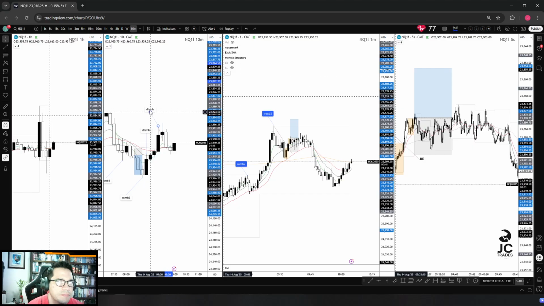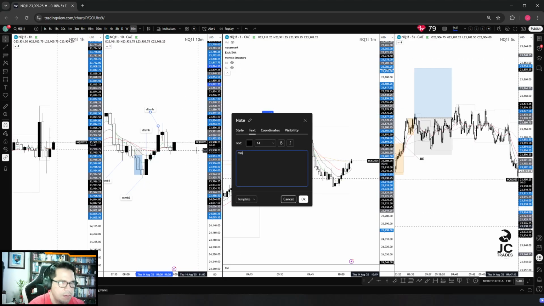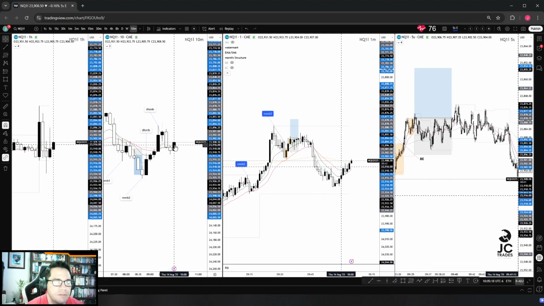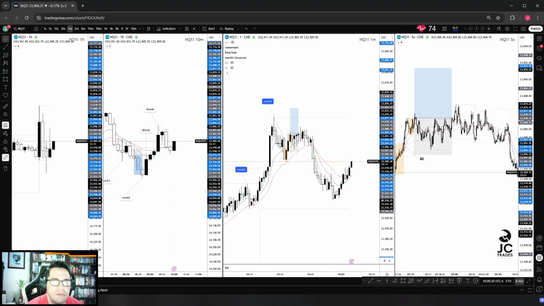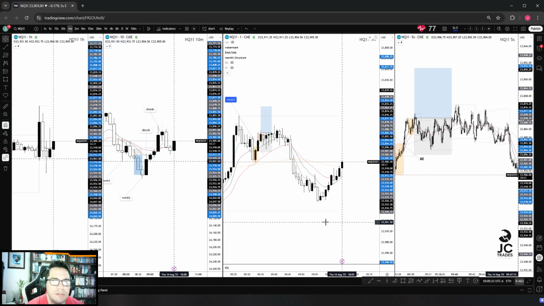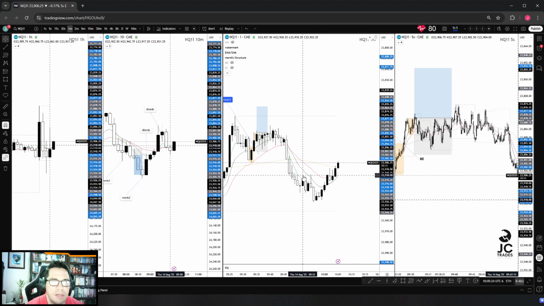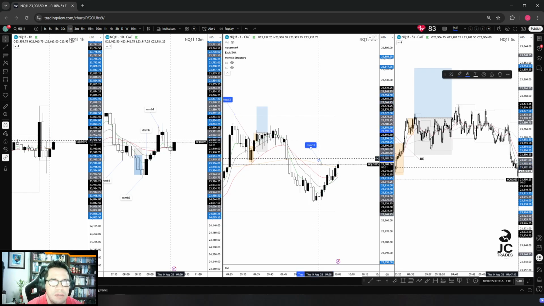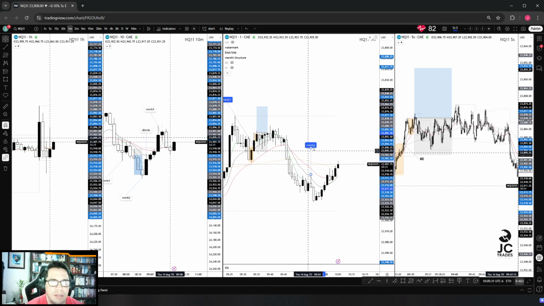MB1 on our context time frame, and we are now getting some sort of reaction from this point. So now we can wait to see if there is going to be maybe a new distribution MB around this area.